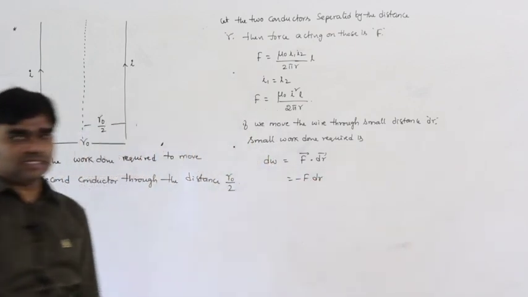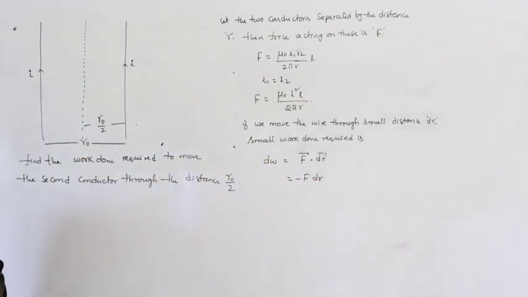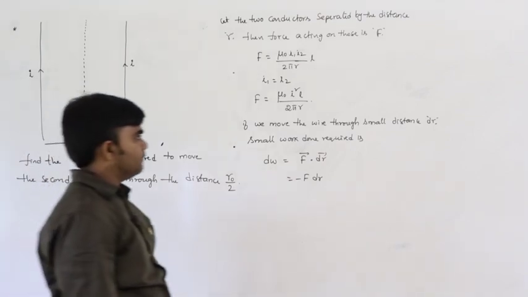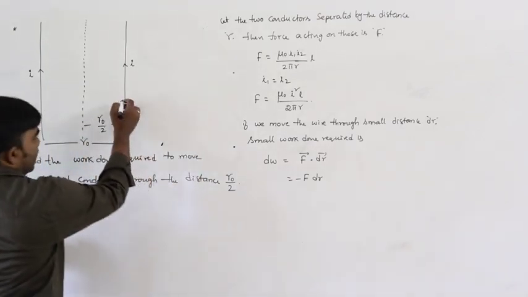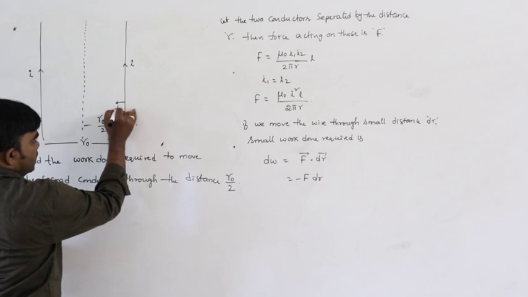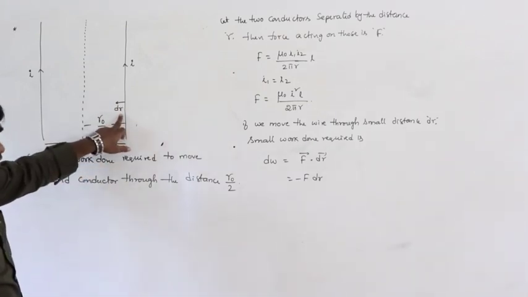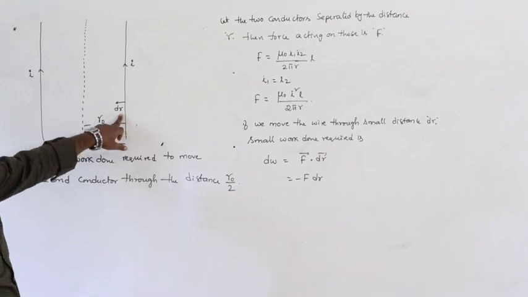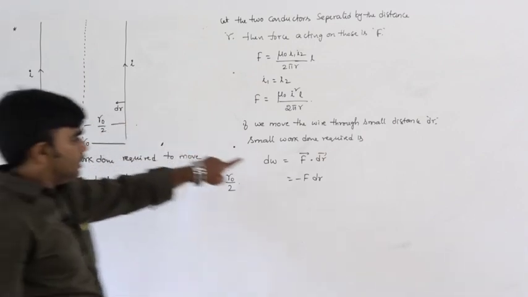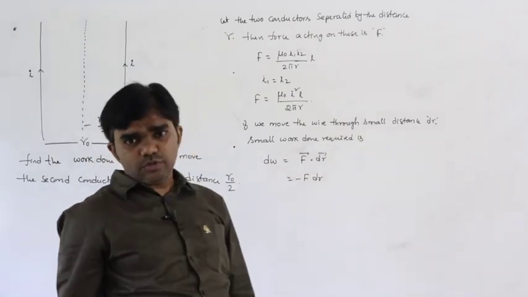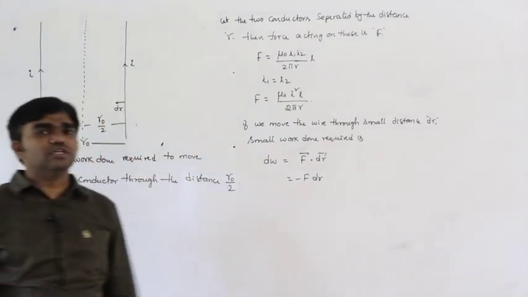Why is it minus? That is important here. We are moving this wire through a small distance dr. To move the wire through a small distance dr, the work done formula is simply force into displacement, or the dot product of force and displacement.